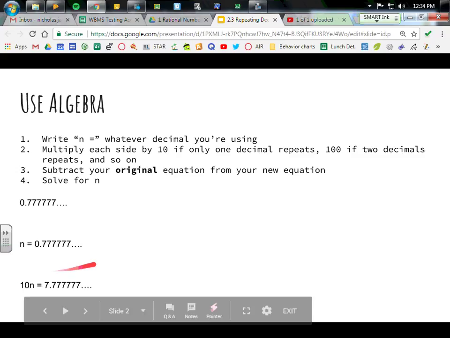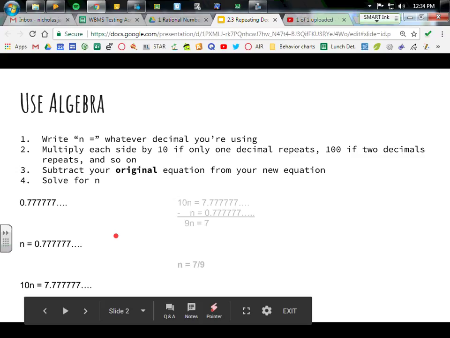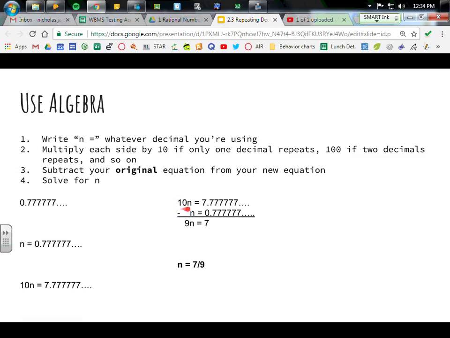My next step is going to be to subtract my original equation from my new equation, so that's what this shows you here. So I have 10n equals 7.7 repeating minus n equals 0.7 repeating. That gets rid of the repeating decimal, because I'm really just subtracting the repeating decimal from the repeating decimal.